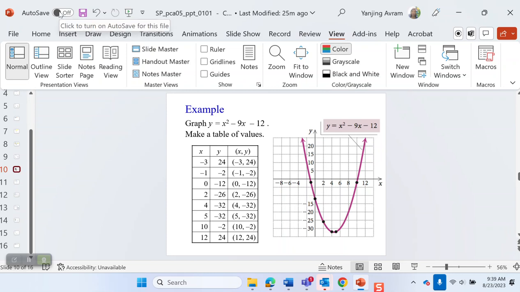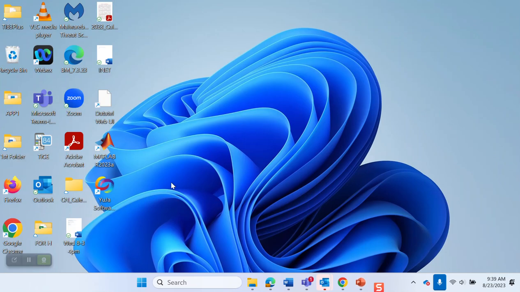You can go to the table in here and then switch the x and y. I can also show you how to graph this one in my calculator. Hopefully you can see the calculator as well.